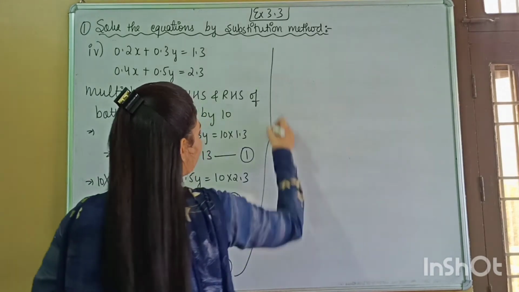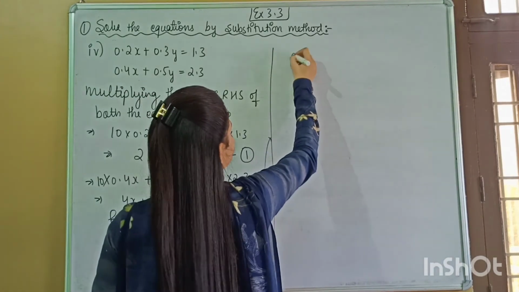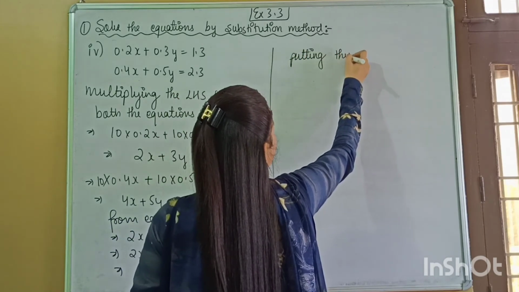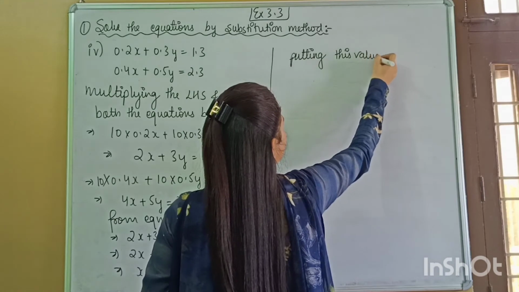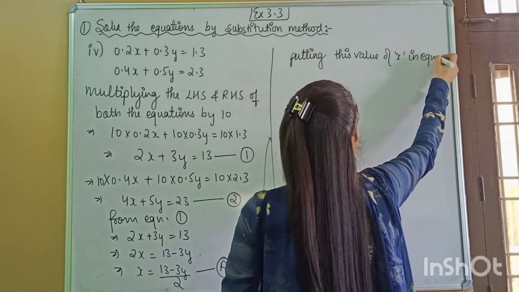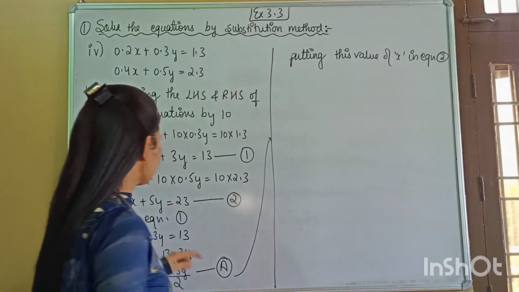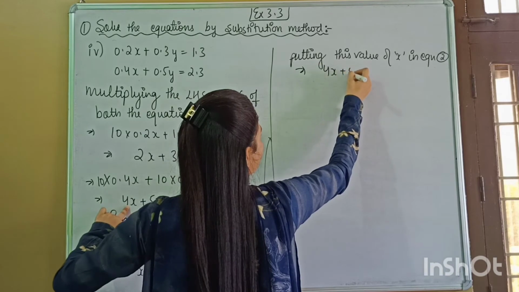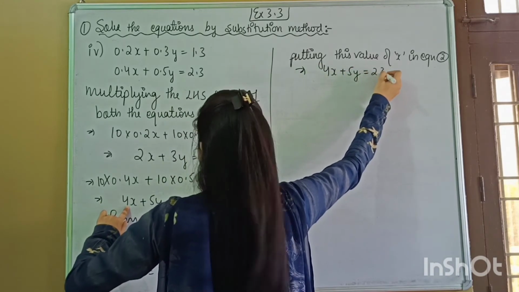So now putting this value of x in equation 2. So what is the equation 2? 4x plus 5y is equals to 23.